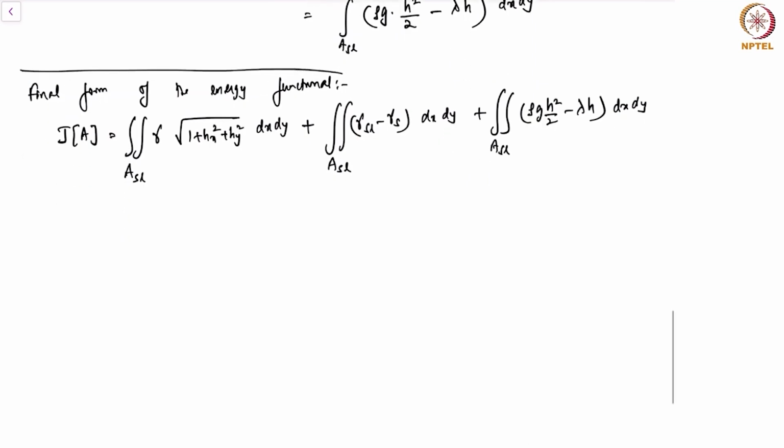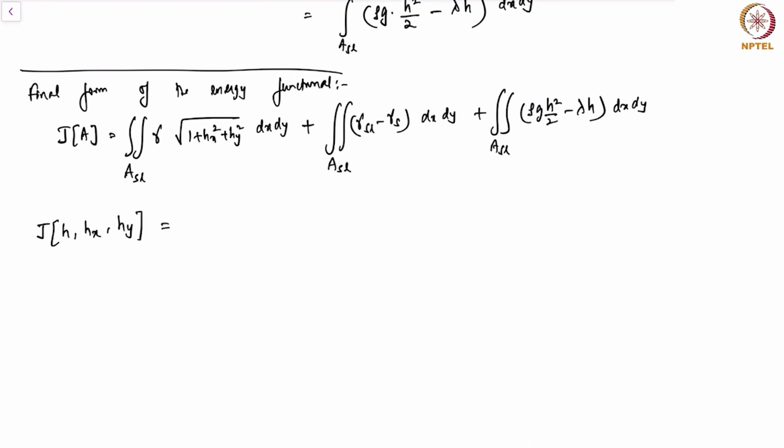So in other words, I can simply write this energy functional. If you notice all the expressions here, it's a function of three variables: the height h, its partial derivative with respect to x, and its partial derivative with respect to y.